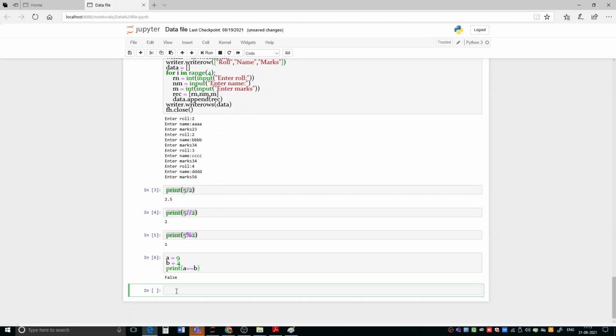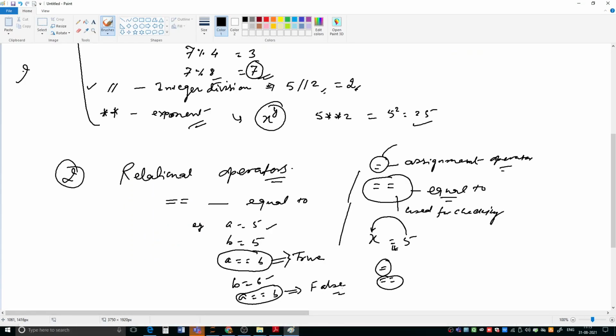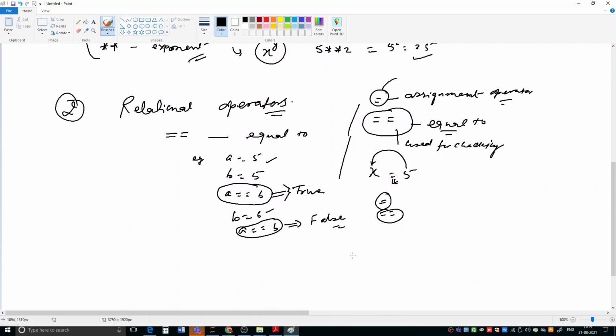So all the relational operators, when they are used in an expression, will return only true or false, right?